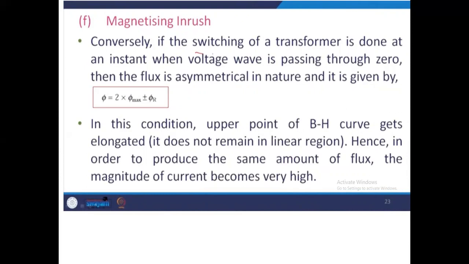In this case, the upper part of the BH curve gets elongated and does not remain in the linear region, and hence to produce the same amount of flux, the magnitude of the current becomes very high.